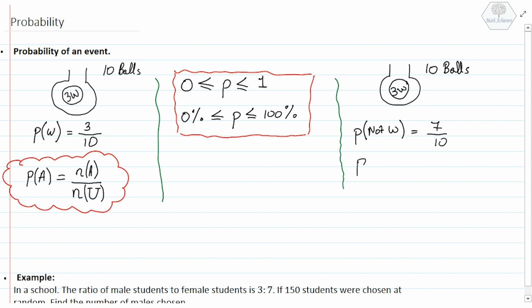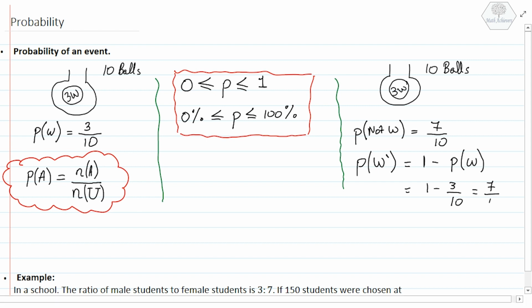So the probability of picking up W prime, which I call the complementary event, is simply equal to the total probability, which is 1, minus the probability of picking up a white ball. So this is equal to 1 minus 3 over 10, which will give me 7 over 10.